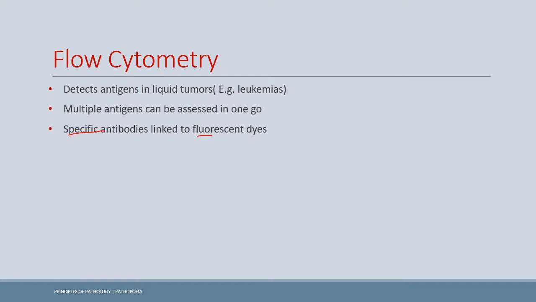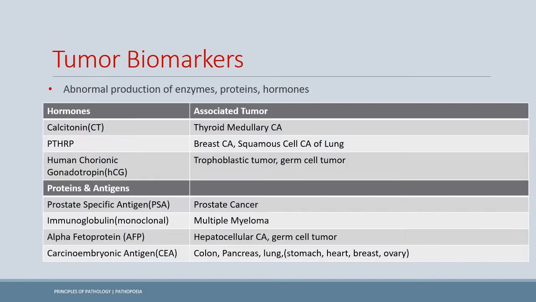Now the advantage here is that we can detect multiple antigens in one sample instead of taking 10 samples and adding the immunohistochemical stain to all the samples individually. We are able to have multiple antigens detected in one go. Now, this flow cytometry is usually used in the liquid tumors such as the leukemia, B-cell lymphoma, or T-cell lymphoma, and even myeloid tumors.